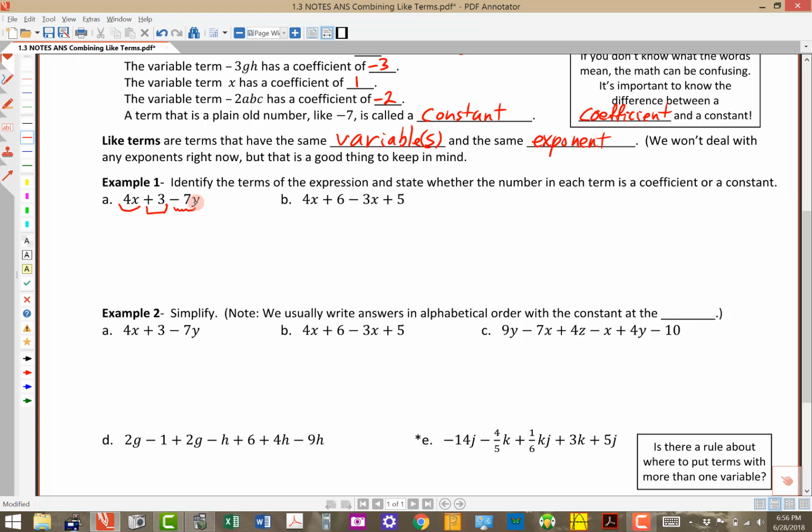A little squiggly here, that's another term. So I've got 3 terms right there. This has a variable and that has a variable. So these guys right here, 4 and -7, those are coefficients. And that 3 right there is a constant.